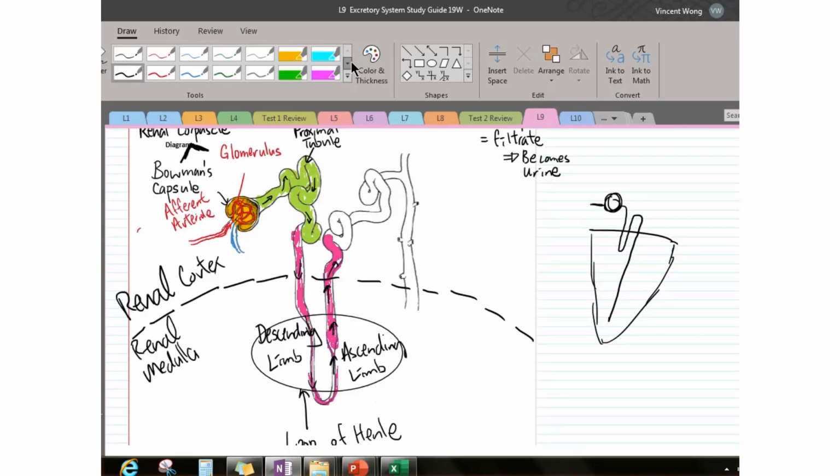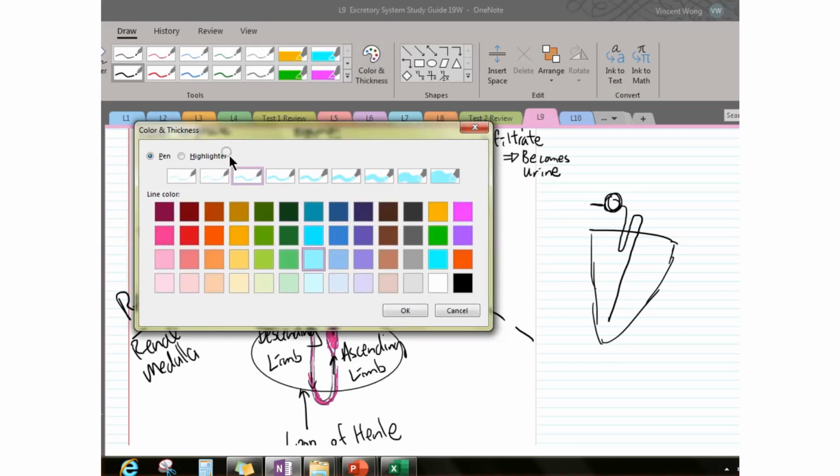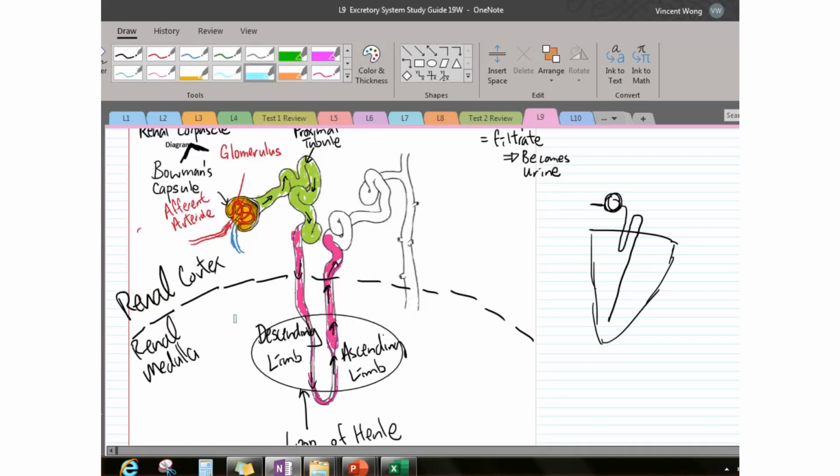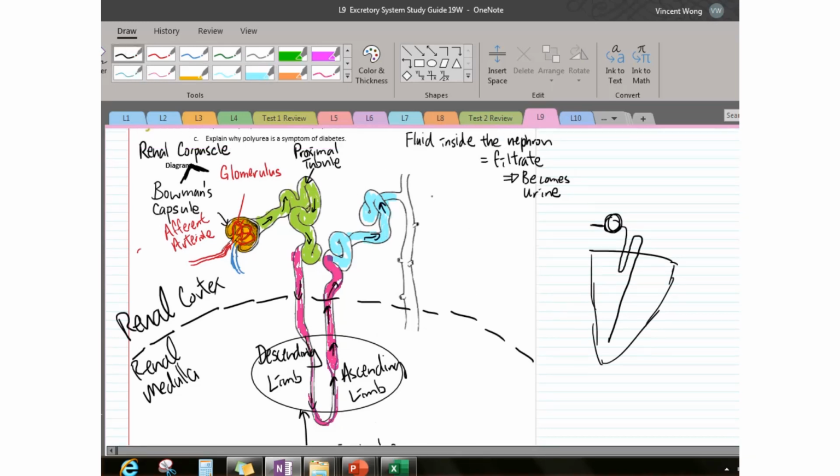From the loop of Henle, it's gonna come back out of the medulla into your renal cortex right here. Right, it's gonna come out like that, and this here is your distal tubule.